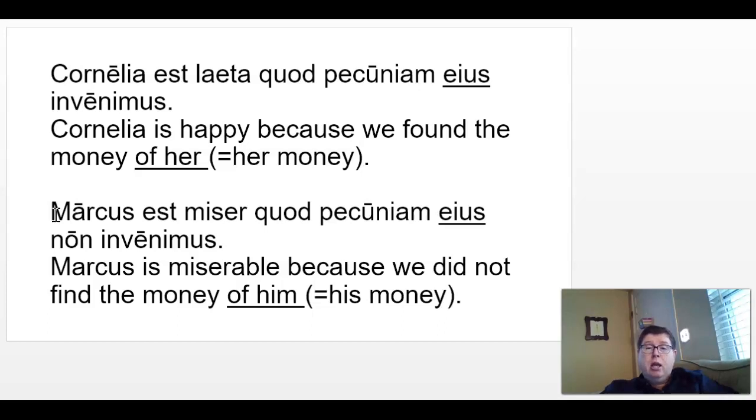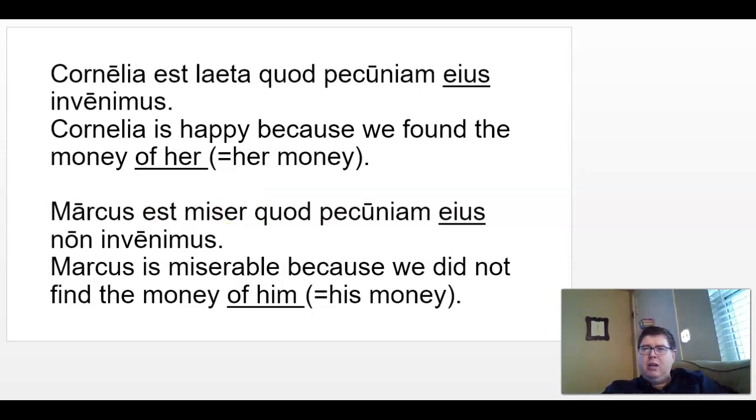Marcus is miserable because we did not find the money of him. Again, the first translation of this genitive pronoun is with a pronoun in English, but then we would say, we did not find his money. His here is a possessive adjective, just like her is a possessive adjective.